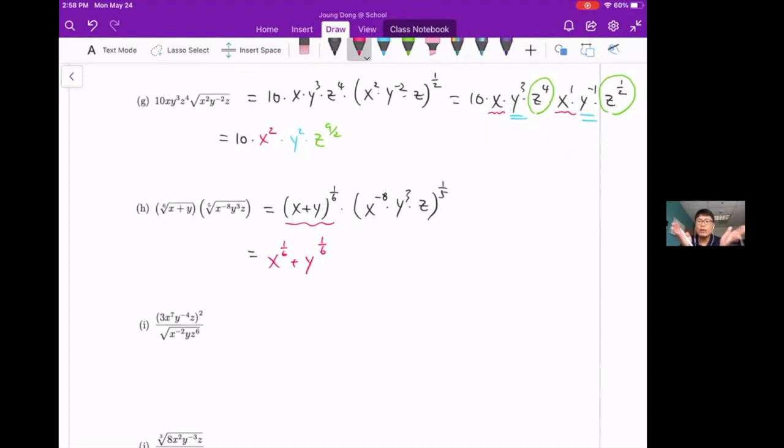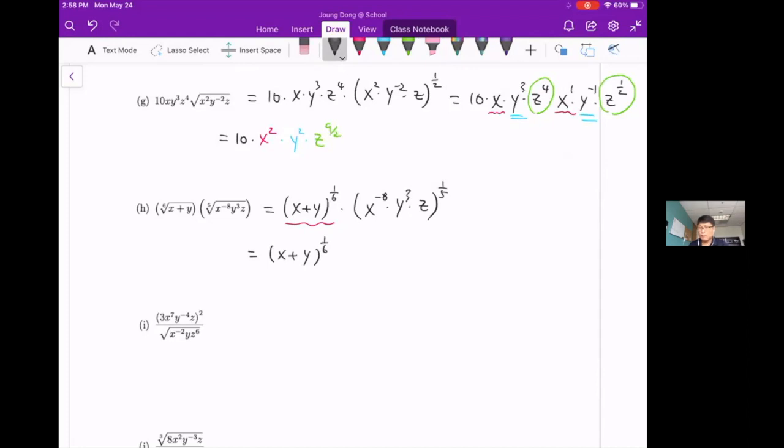This is really silly, but lots of college students make a mistake like this one, okay? Don't do that, okay? This is wrong, okay? You cannot do anything, so you have to keep the x plus y to the 1/6 term. Please remember this, okay? Otherwise, it will be big trouble, okay? So don't do anything for this one, but you have to write x plus y to the 1/6.